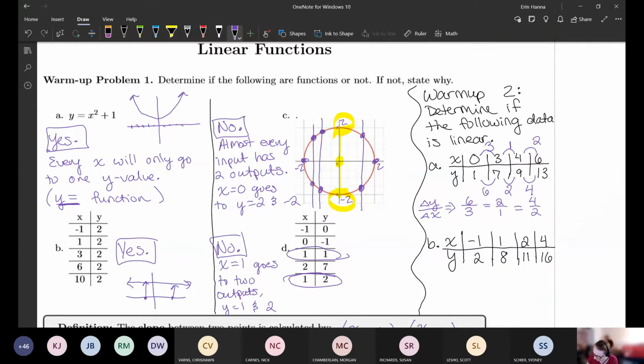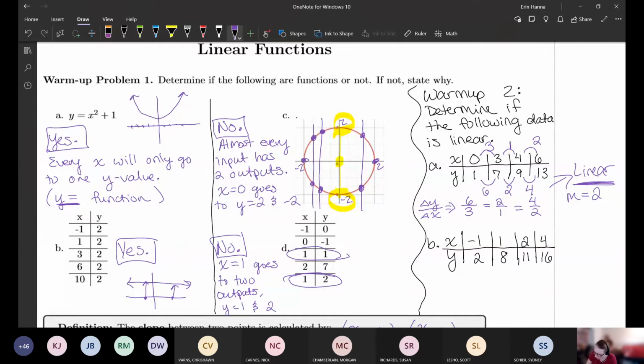Where do I want to put my answer? This one's linear. So since all of those ratios agree, it's linear because it has a constant slope. So the slope here would be 2, just to go a step further.